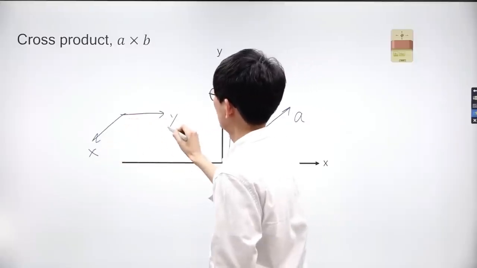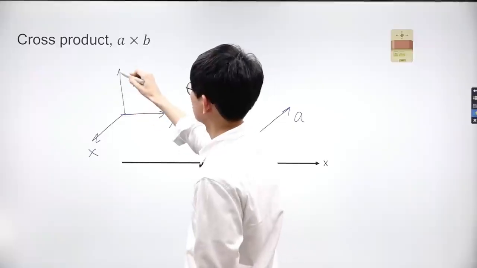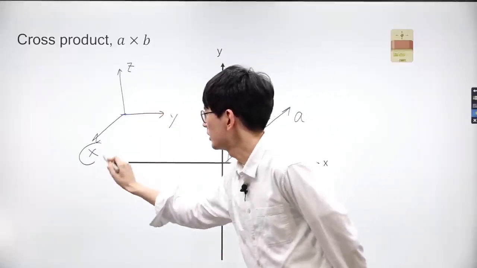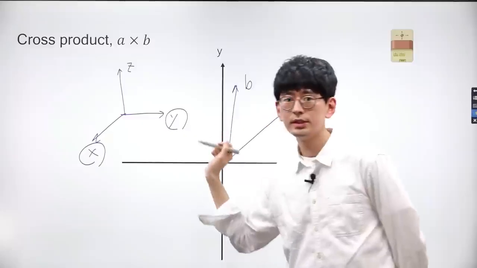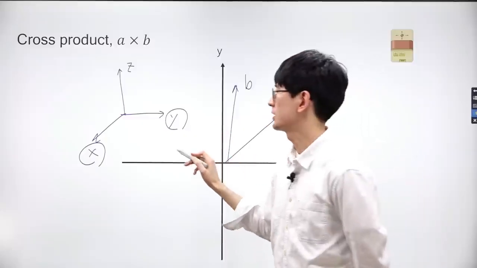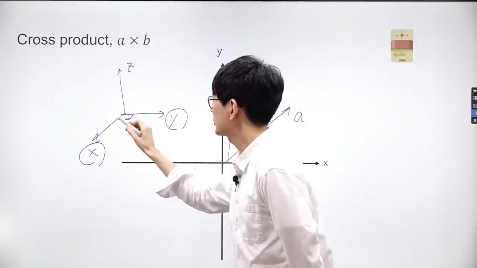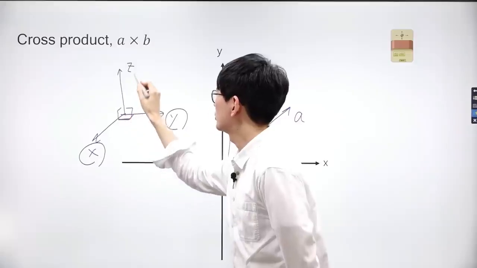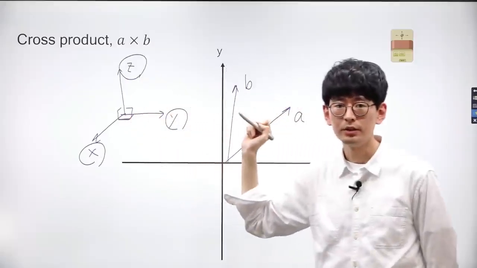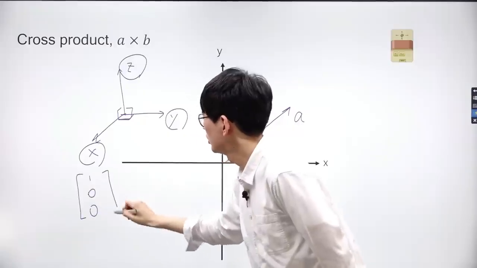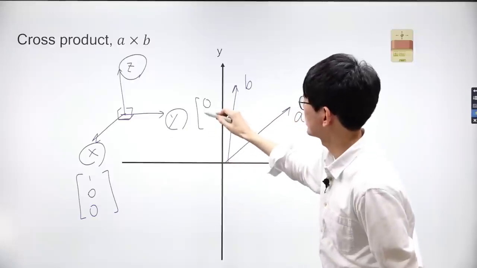In this three-dimensional space, there exists a vector perpendicular to both vectors x and y. Vectors x and y are already perpendicular to each other, and vector z is perpendicular to both vectors. Calculating the cross product of the two vectors x and y is related to finding vectors like z that are perpendicular to both x and y.